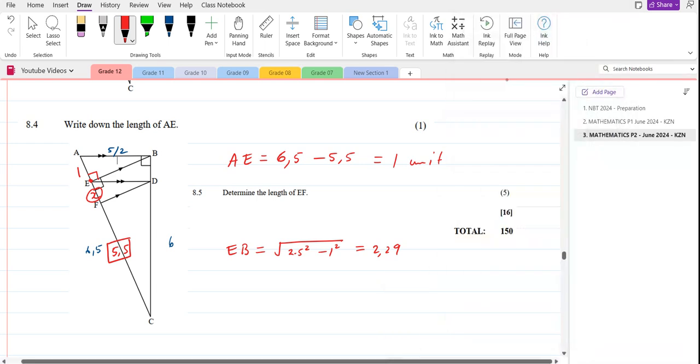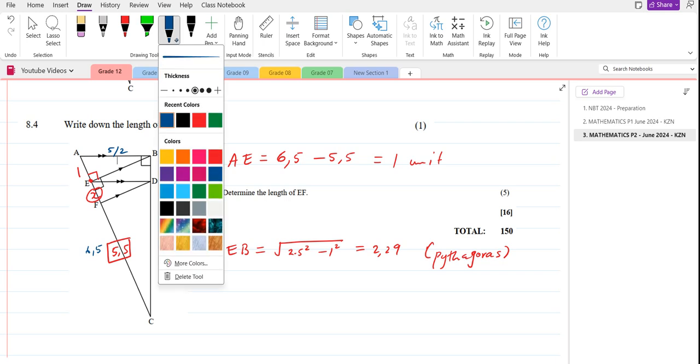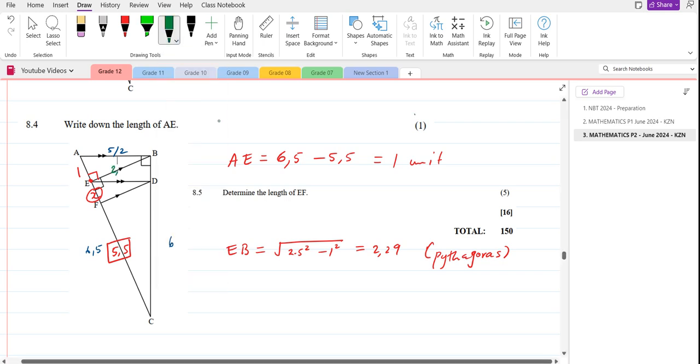Alright, so that's because of Pythagoras. That is EB is 2.29. Let's use a different color here. That's EB. We want to find EF.